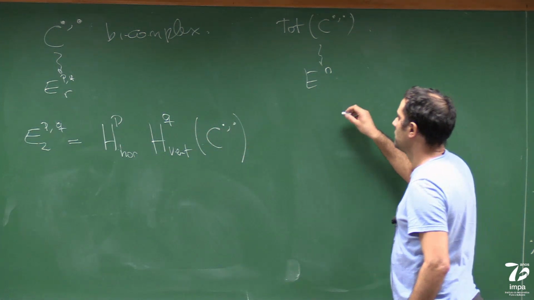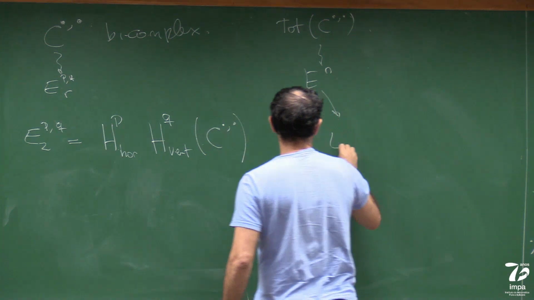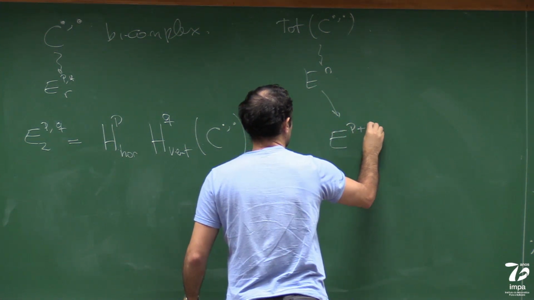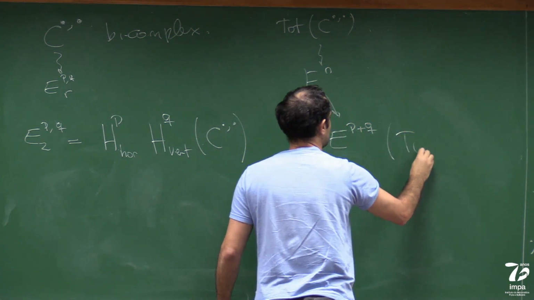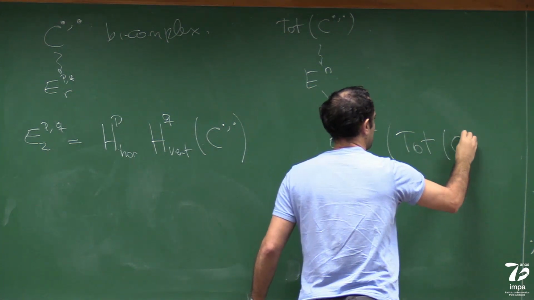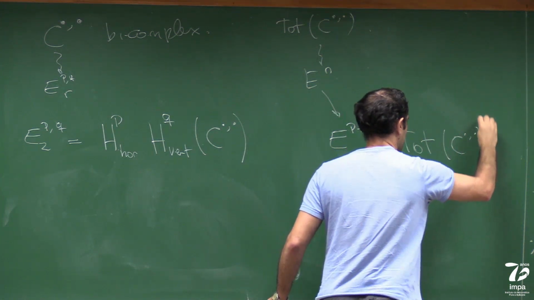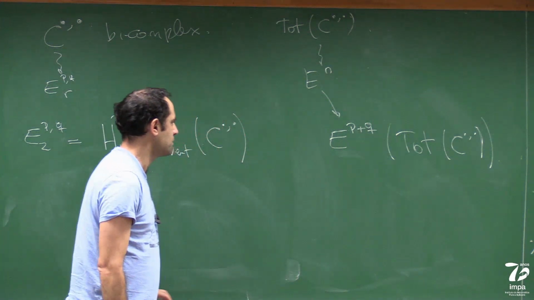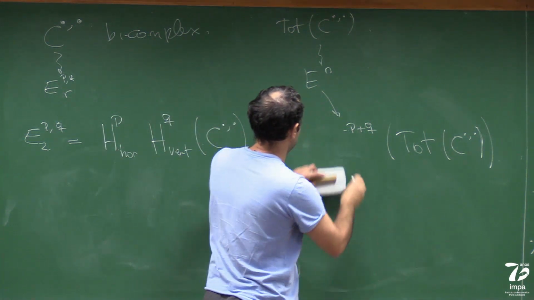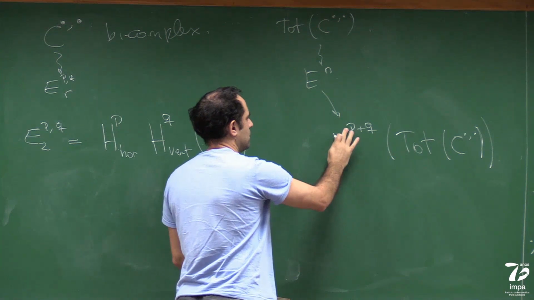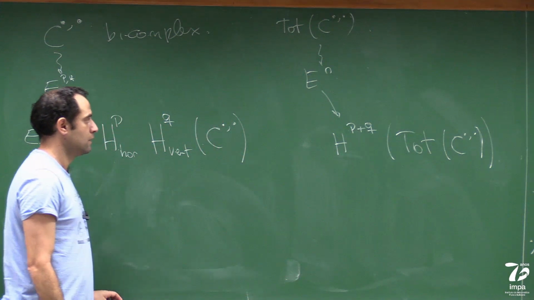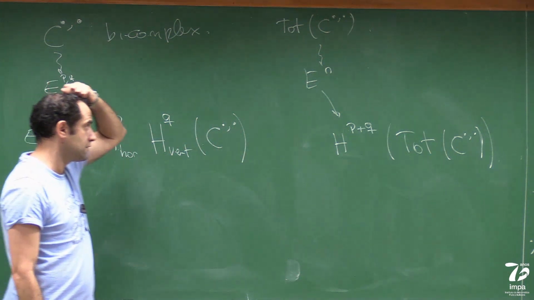And E_n is going to be H_{P plus Q} of the total complex. Okay, so this is this object.